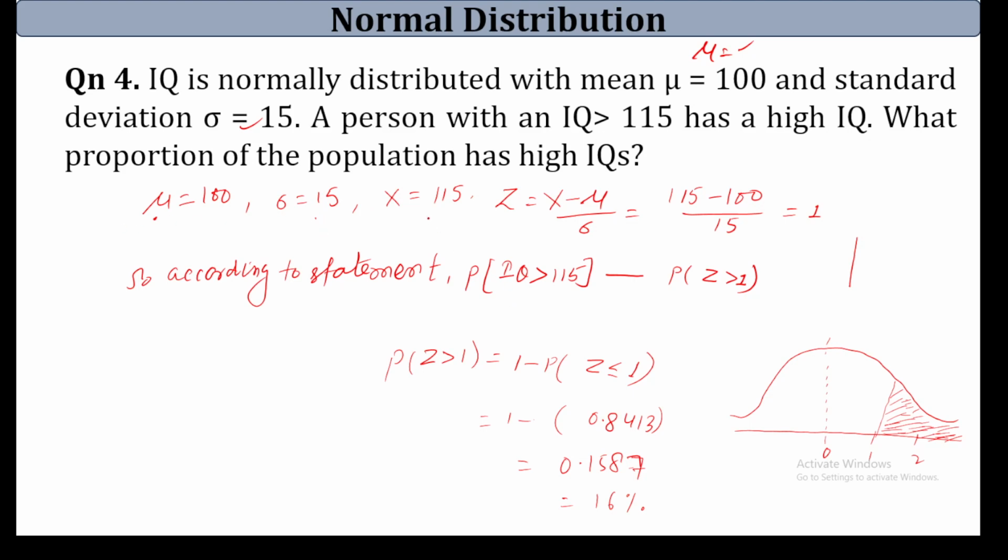So mu is 100, sigma is 15, and x we have 115, so we will get Z equal to 1. So instead of P of IQ greater than 115, it becomes P of Z greater than 1. This area will become our region of interest. So we can go for P equal to 0.5 minus the value of 0 to 1.